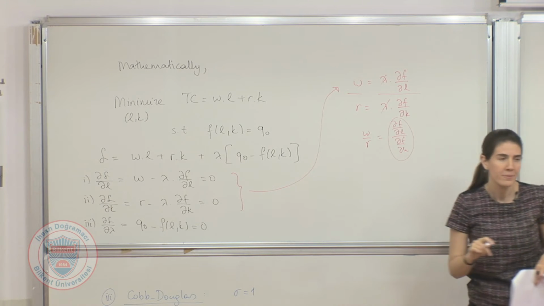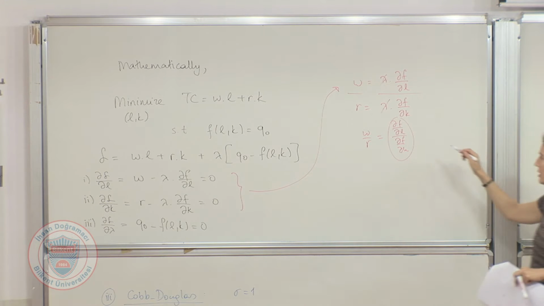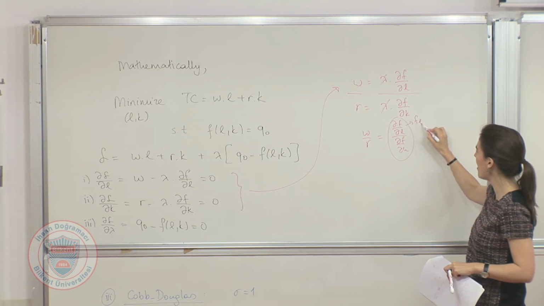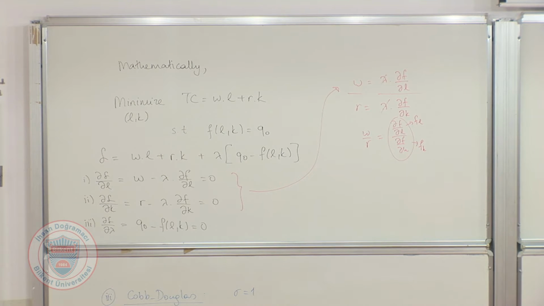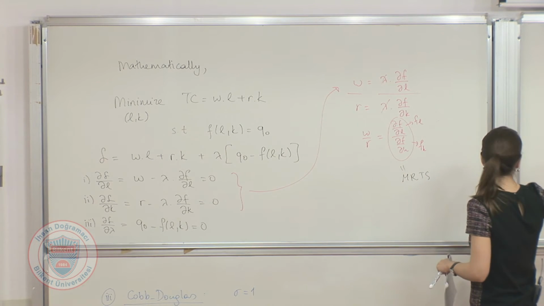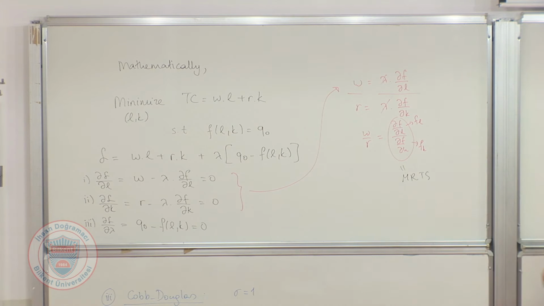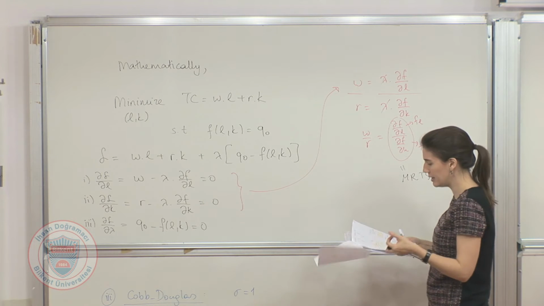The ratio of the marginal products. This is the definition of the marginal rate of technical substitution. This is exactly what we figured out before, so mathematically we get the same result.